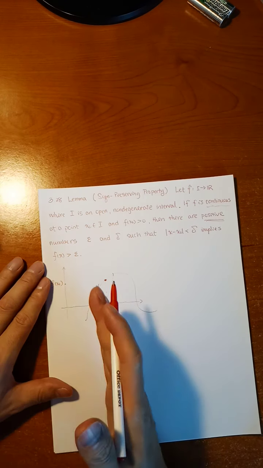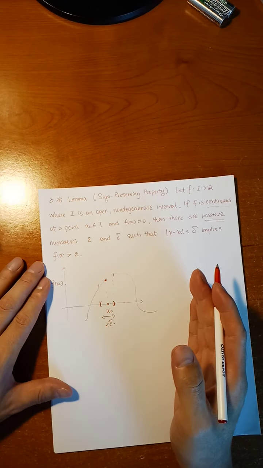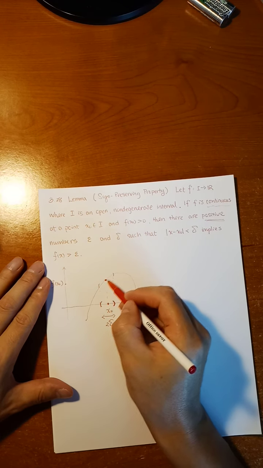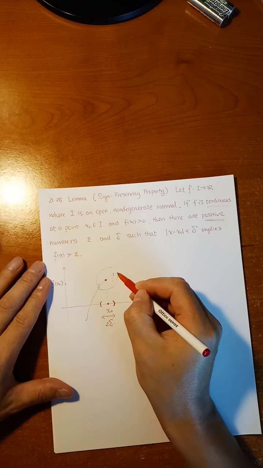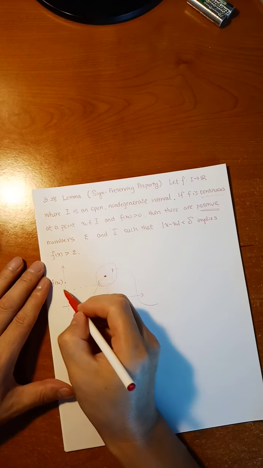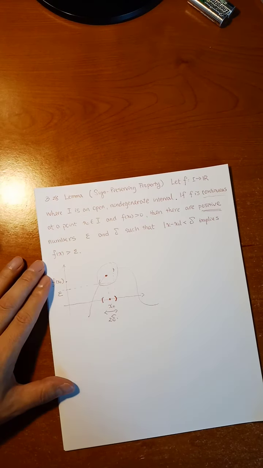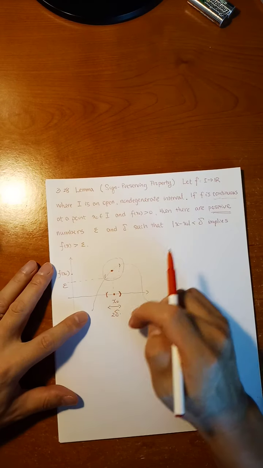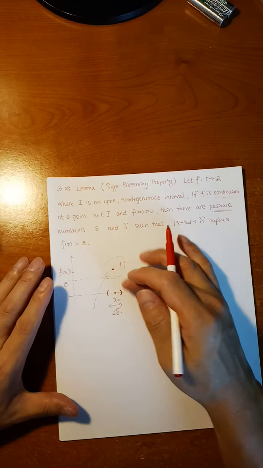You move to the left delta, move to the right delta. Over this interval, this whole piece of the graph is above epsilon. It's always above epsilon uniformly. Right? So that's basically the idea of epsilon and delta.